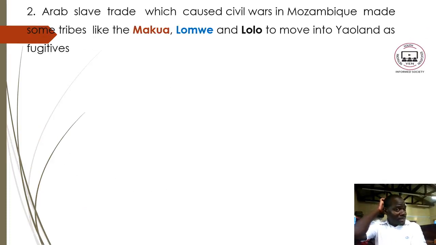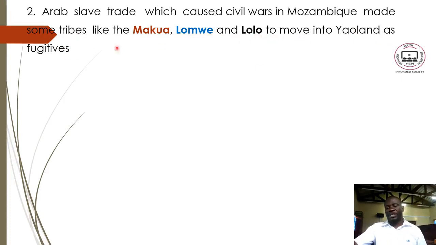Another factor for the migration of the Yao, apart from being attacked by other tribes, it was because of Arab slave trade, which caused civil wars in Mozambique and made some tribes like the Makua, Lomwe, and Lolo to move into Yao land as fugitives.